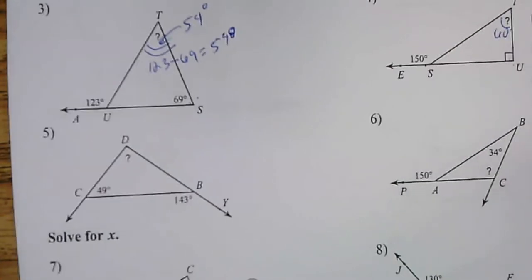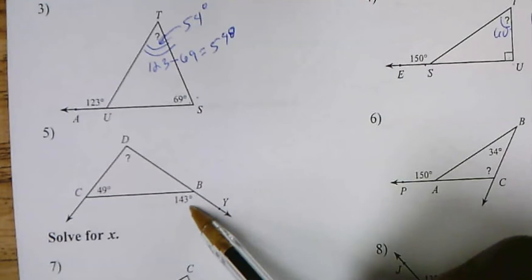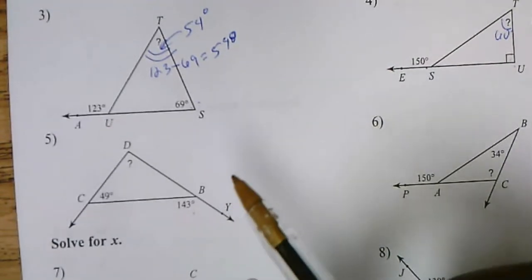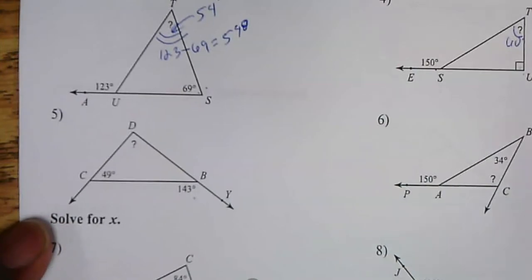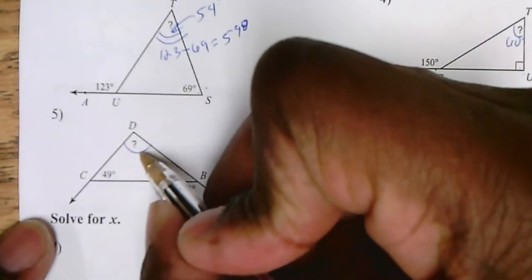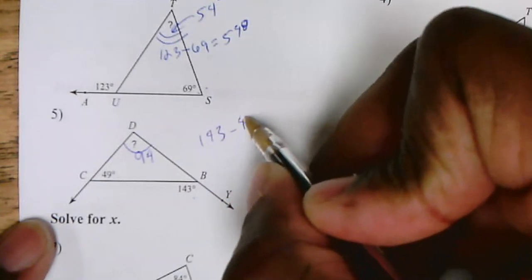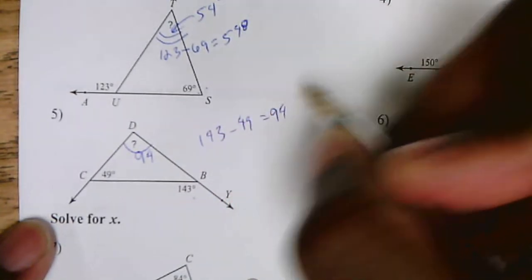Here, it said this angle is 143, and this angle is 49. Well, if you got 143 take away 49, that should give you 94. Because 143 take away 49 is 94.